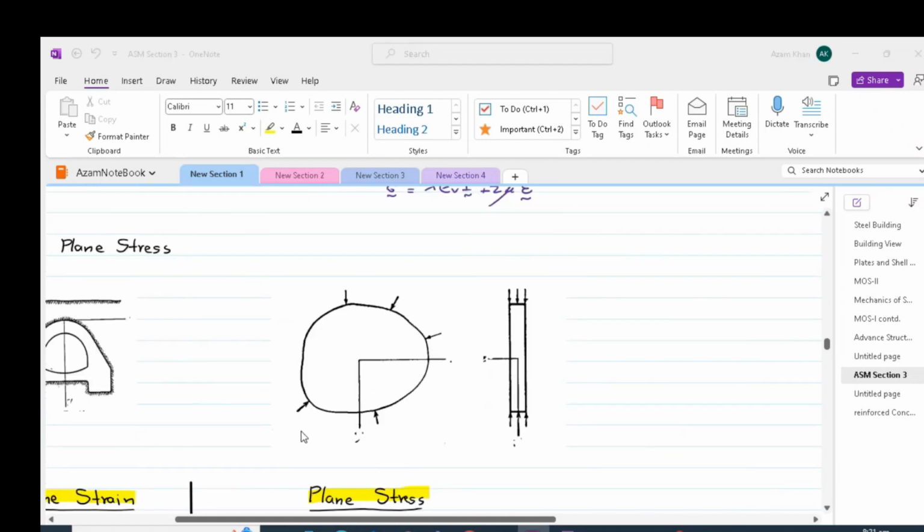So, in this thin plate, the forces are applied at the boundary and parallel to the plane of the plate and distributed uniformly over the thickness. The right hand side figure shows the thickness, and we can see that the loads are distributed uniformly over the thickness.